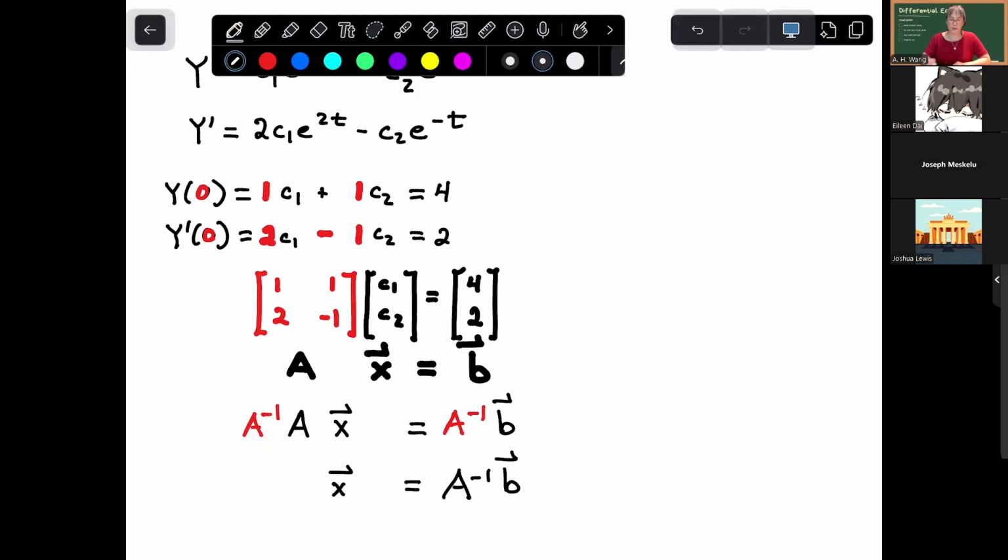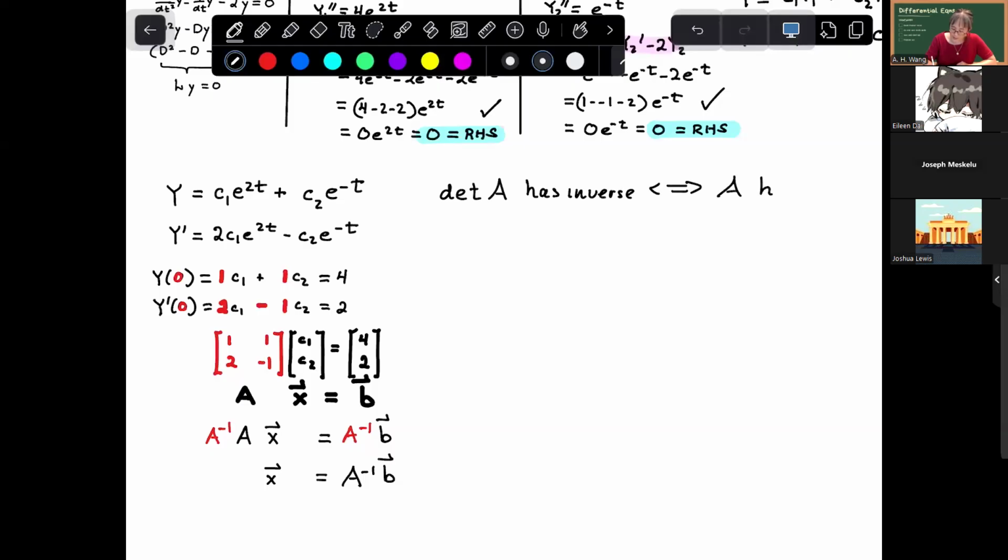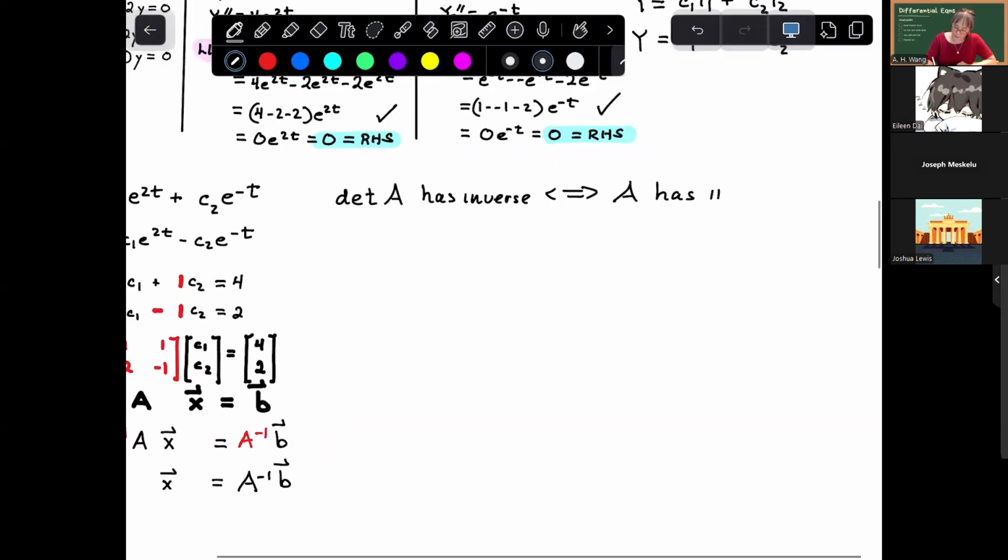First, you don't necessarily have a matrix inverse, okay? And the way you tell is this: if the determinant of A has an inverse, then A has an inverse, and if A has an inverse, the determinant has an inverse. Now the determinant of A is this guy.